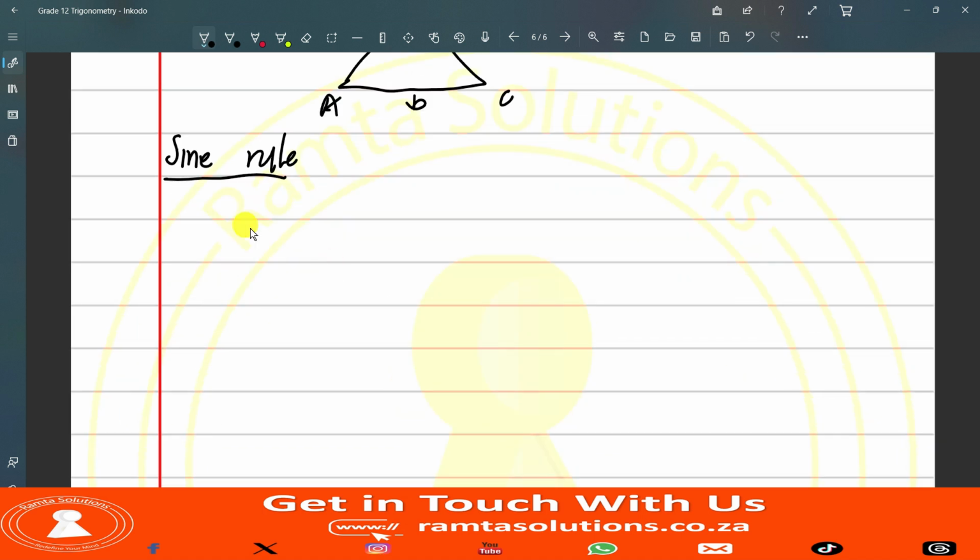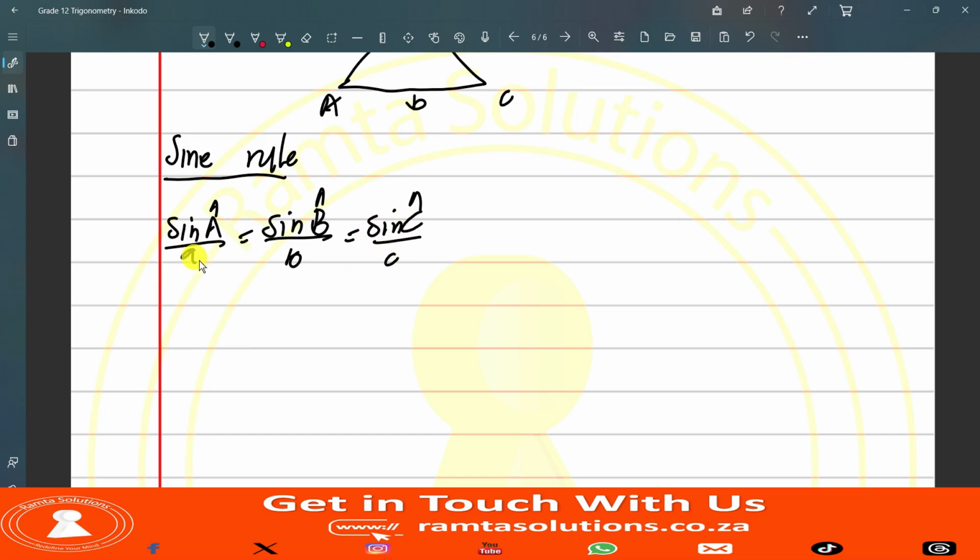So for the sine rule, we have: sine angle A over side a equals sine angle B over side b equals sine angle C over side c.